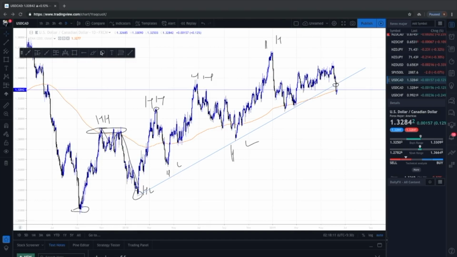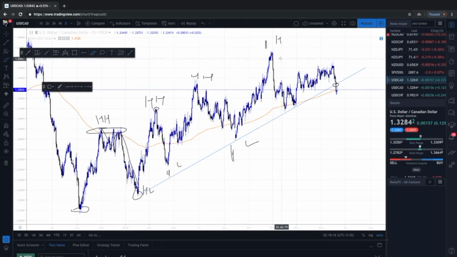For example, let us say that sellers jumped back in at this point. So sellers came here and pushed the market down. When the market was moving down, some buyers came in, but they failed to move the market up, and then the price dropped near the trend line.